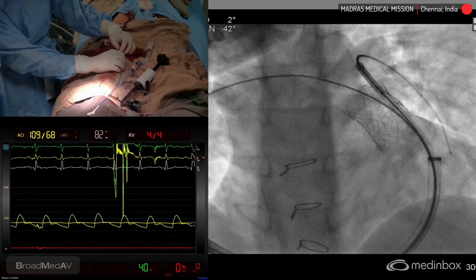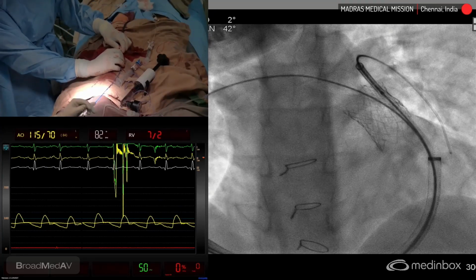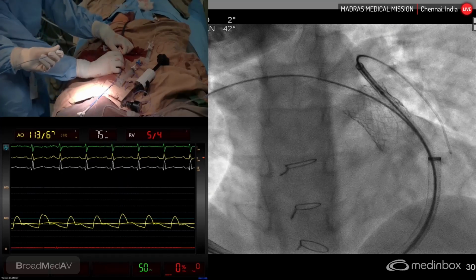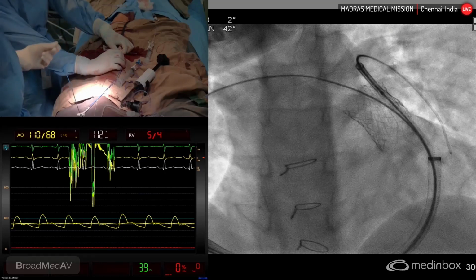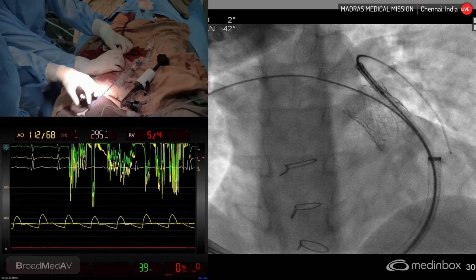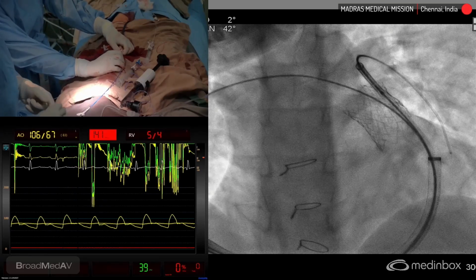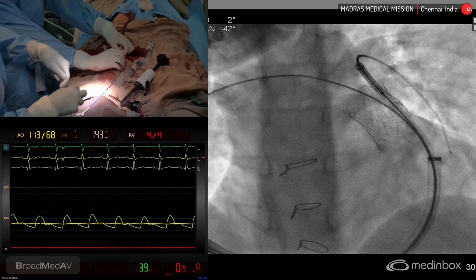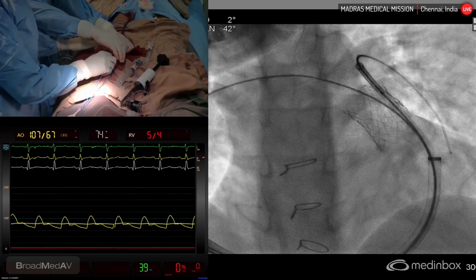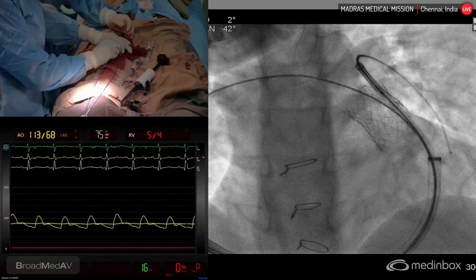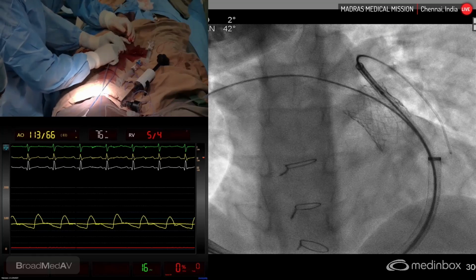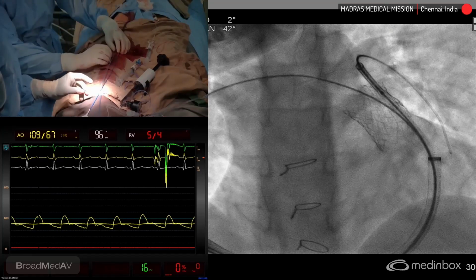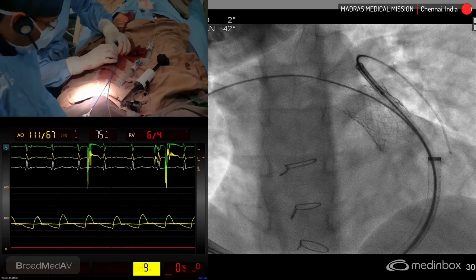So now I will advance this guide catheter into this Lunderquist wire. It's also finding it tougher. So I will take it out.